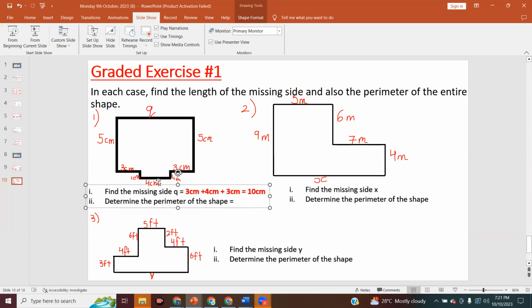So we have to add up all of the side lengths. So I'm going to start with 4. So it's going to be 4 centimeters plus 1 centimeter plus 3 centimeters plus 5 centimeters plus, remember Q is 10, so plus 10 centimeters plus 5 centimeters plus 3 centimeters plus 1 centimeter.